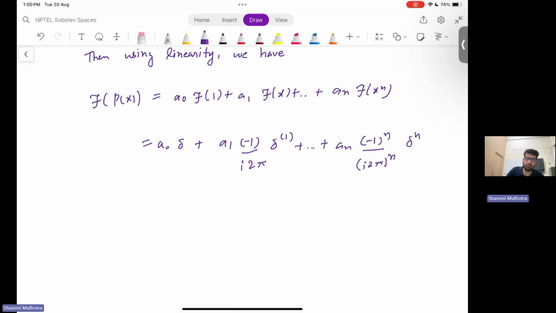This is the value of the Fourier transformation of the polynomial.